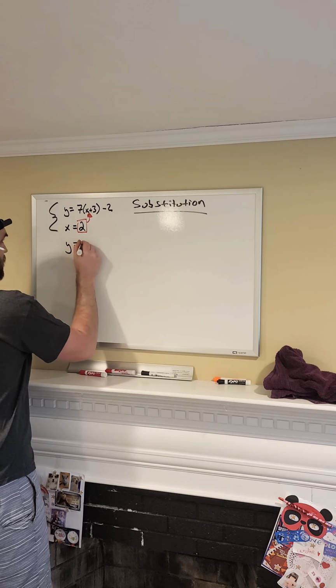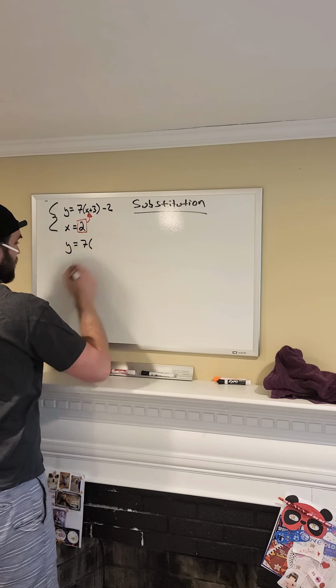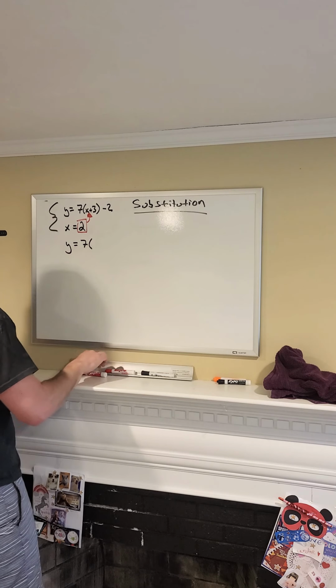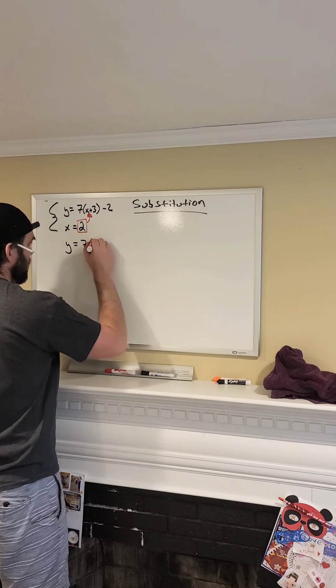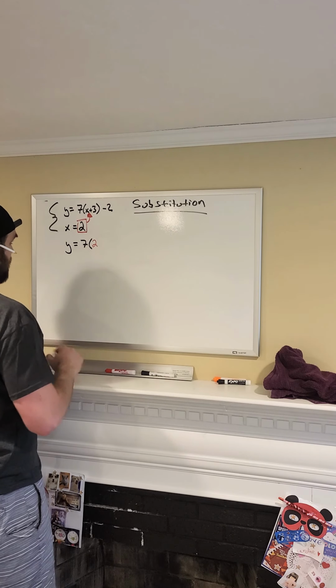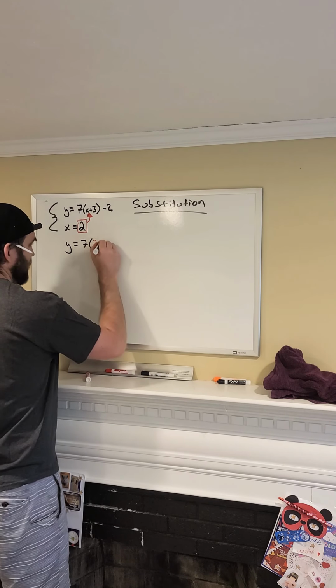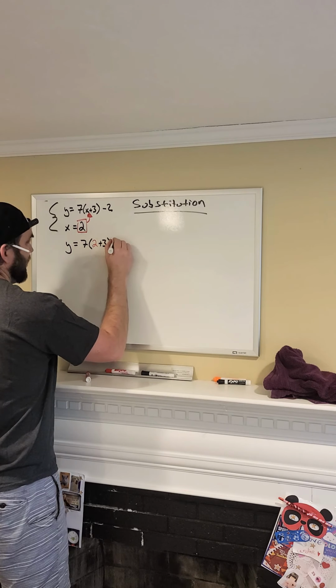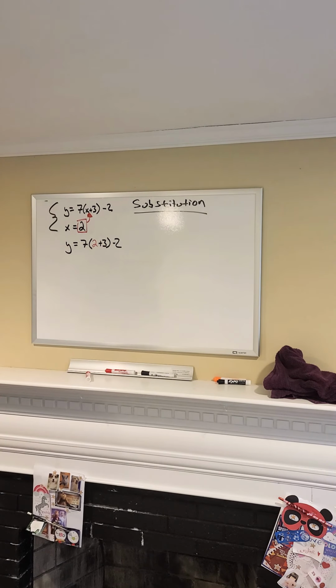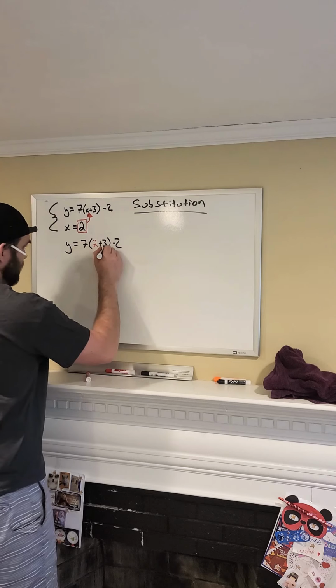y equals 7 times, my x value now is 2, plus 3 inside the parentheses, minus 2. Okay, now I just do what's inside the parentheses first.